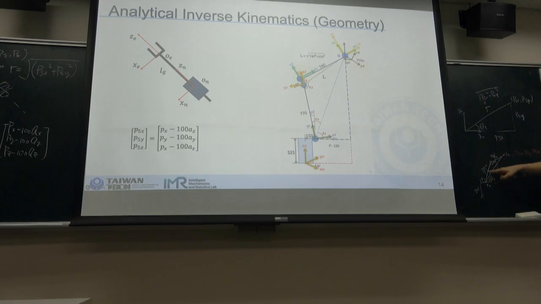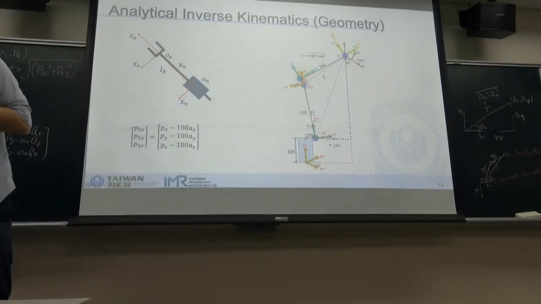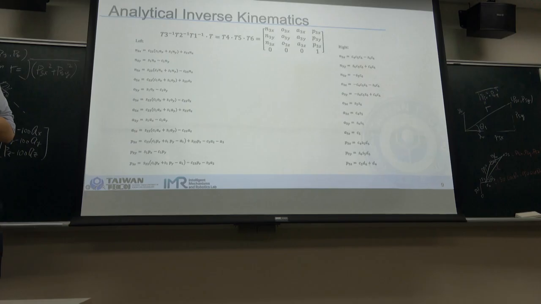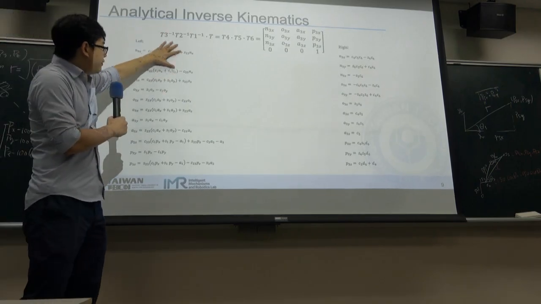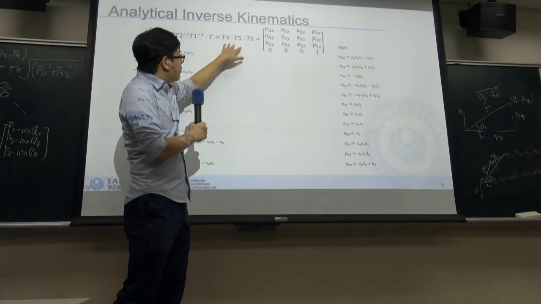And this is the 2D robot which we have in the slide. You can just follow the same procedure to solve. So after we have theta 1, theta 2, and theta 3, we only have 4, 5, 6 left. And for 4, 5, 6, we will come back to this, because we already solved all the left parts, and we only have the right parts left.